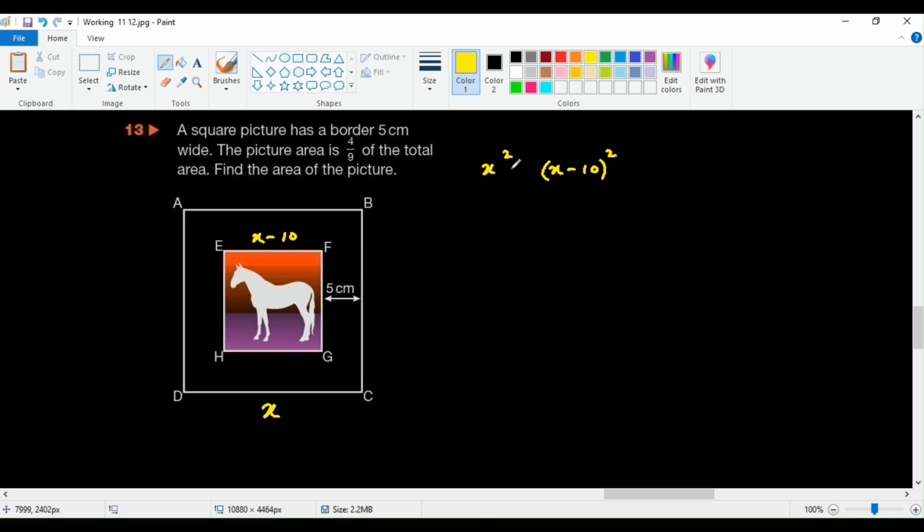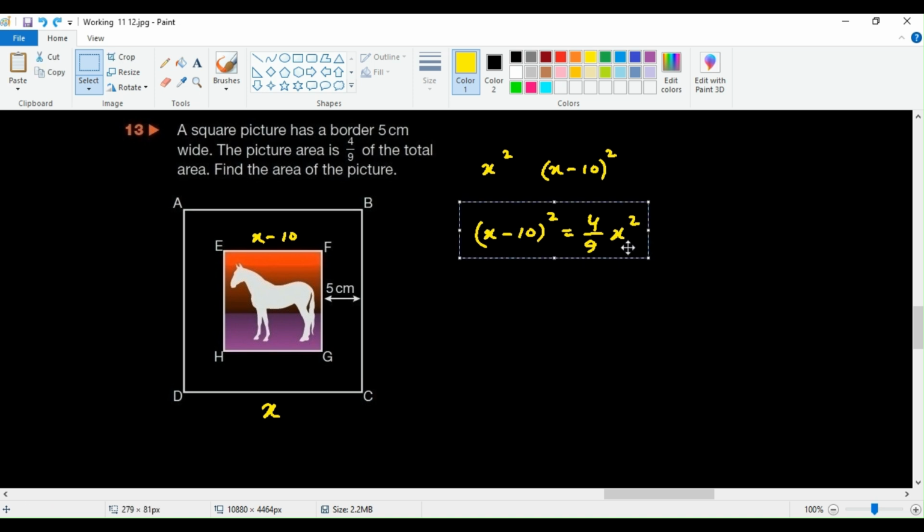Okay, picture area. So in here, from here, we know very well that (x minus 10) whole squared equals 4 over 9 of the total area. As you can see here, it's saying 4 over 9 of the total area. Total area is x squared. Now in here we know that the squares are on both sides, so we write the same thing once again.